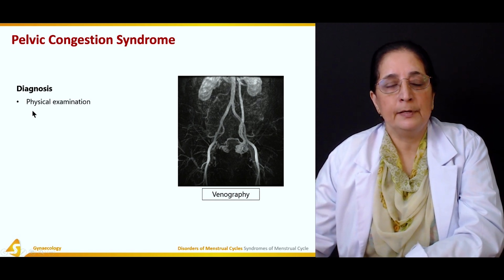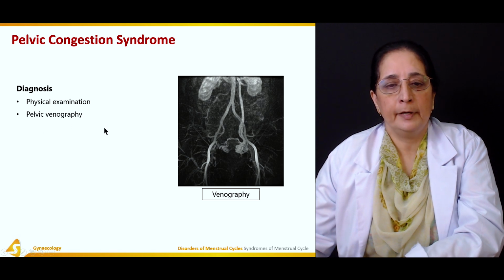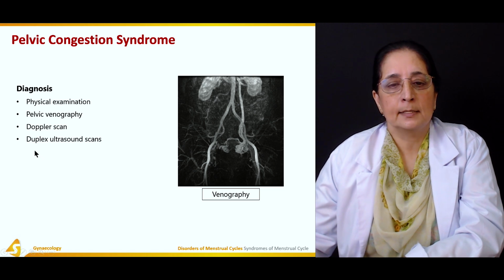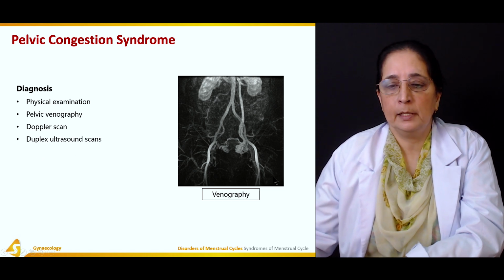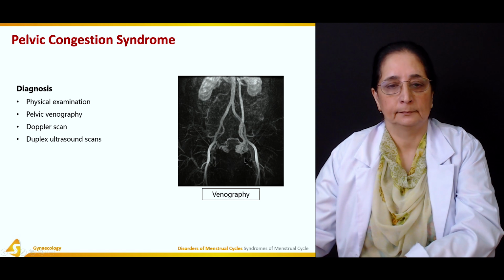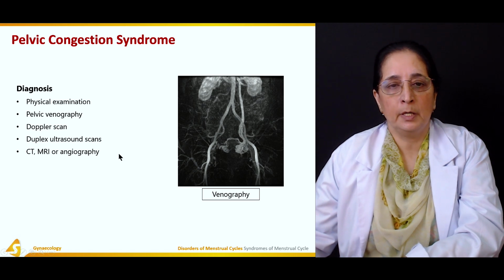Diagnosis is by physical examination, pelvic venography, Doppler scan, duplex ultrasound scan. So in the venography, you can see there are varicose and dilated veins present. CT, MRI, or angiography can also be performed.